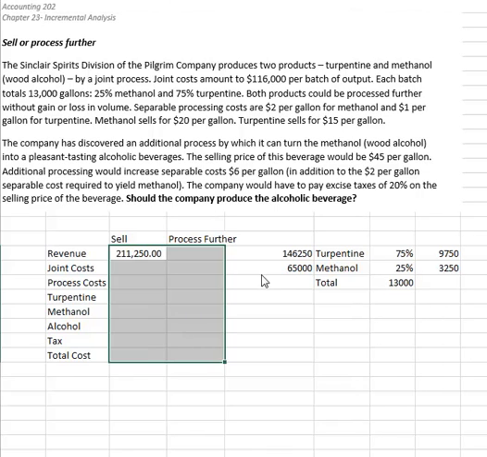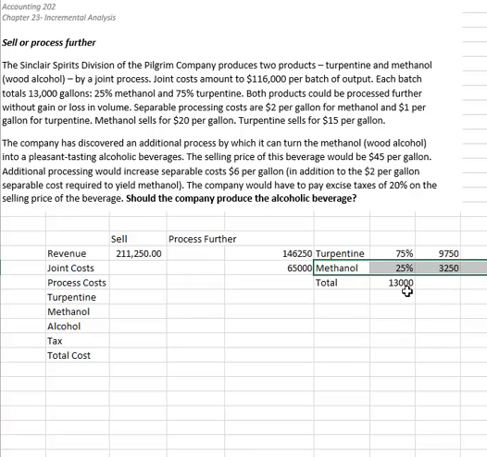But if I process this product further, we're told that the methanol only turns into an alcoholic beverage. So the turpentine still has 9,750 gallons sold for $15 a gallon, so we'd still have this much revenue from the turpentine. But the methanol turns into a drinkable alcohol.